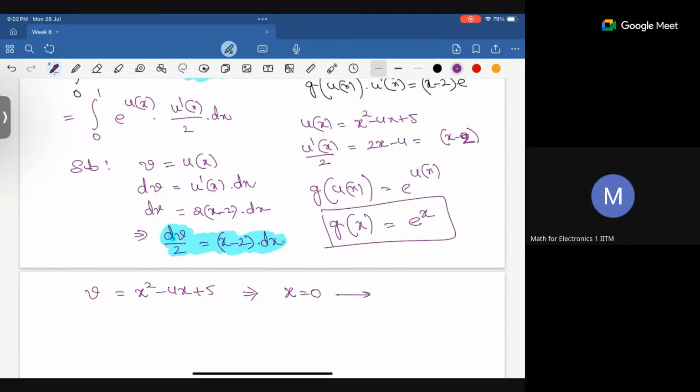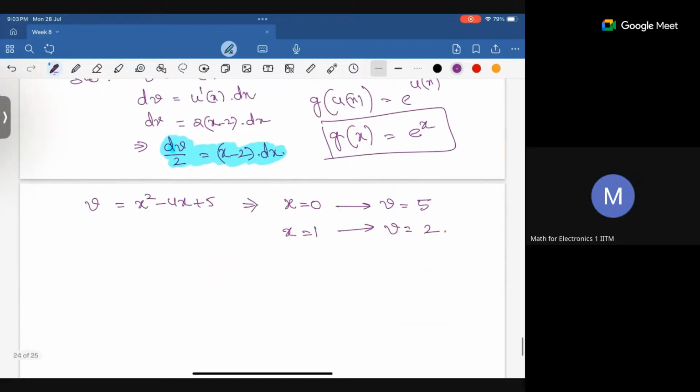So that means the limit of v will be 0 square minus 4 into 0 plus 5, which is 5. Okay. And when x is 1, we have the limit to be 1 minus 4 plus 5, right? Which is 6 minus 4, which is 2. V comes out to be 2.